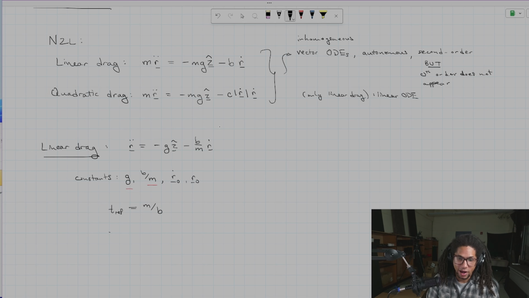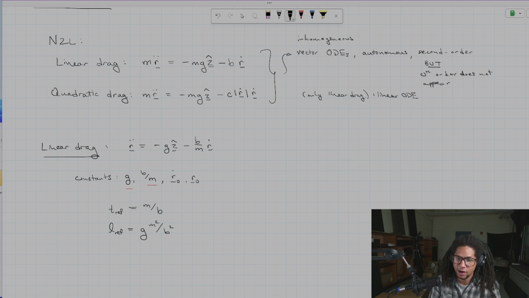So that can be our t ref. Then we need our L ref, and that will come out relatively easily out of this statement because g has dimensions of acceleration. So if I take g and multiply by something that has dimensions of time squared, I'll get a length. So I'll say m squared over b squared is my L ref.